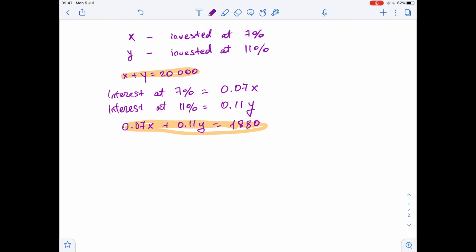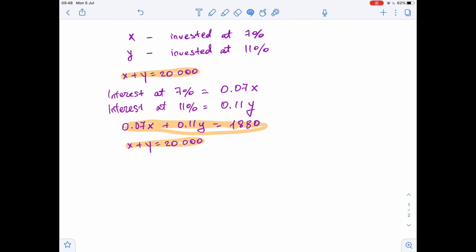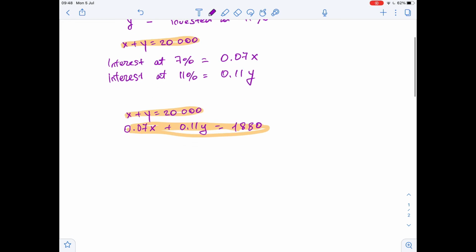We can write down the augmented matrix for these equations. So let me move this equation here. I'll just copy paste it here. Then the augmented matrix is... An augmented matrix is a matrix that consists of coefficients and constants.